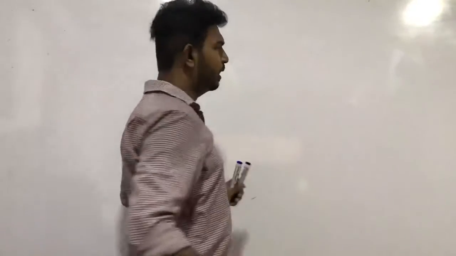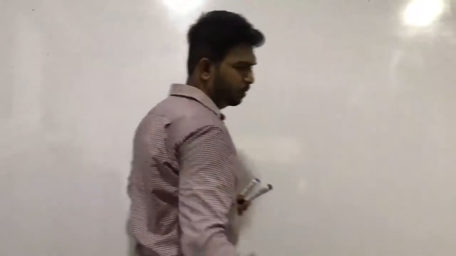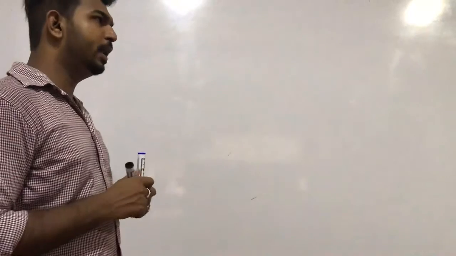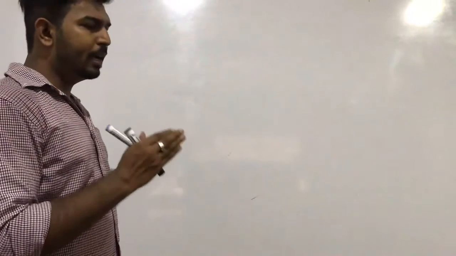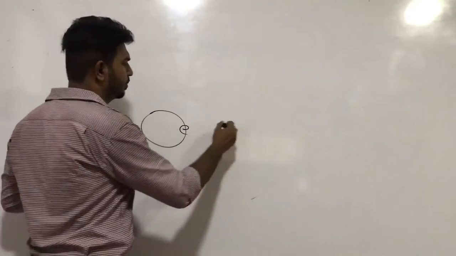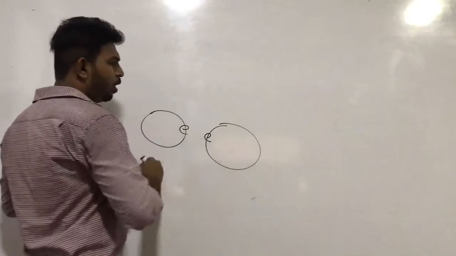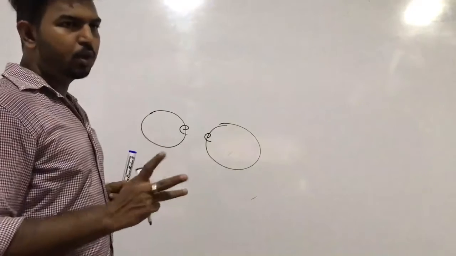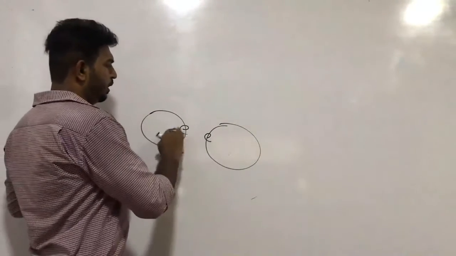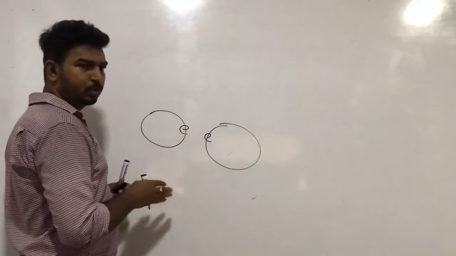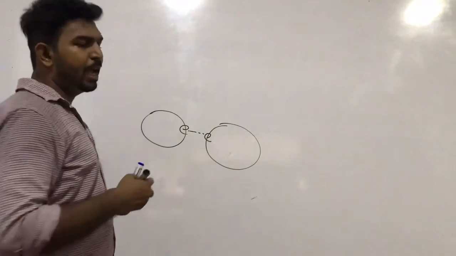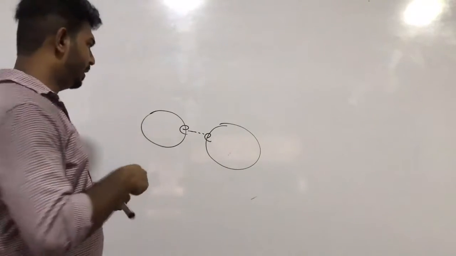Then let's consider a covalent bond. A covalent bond means two unpaired electrons, of the same type of atoms or different types of atoms, with different spins, get attracted.